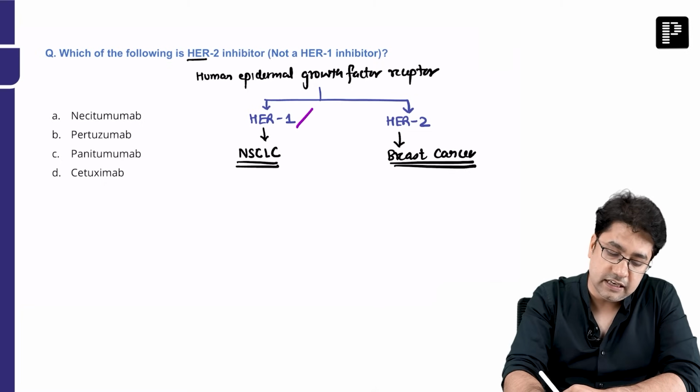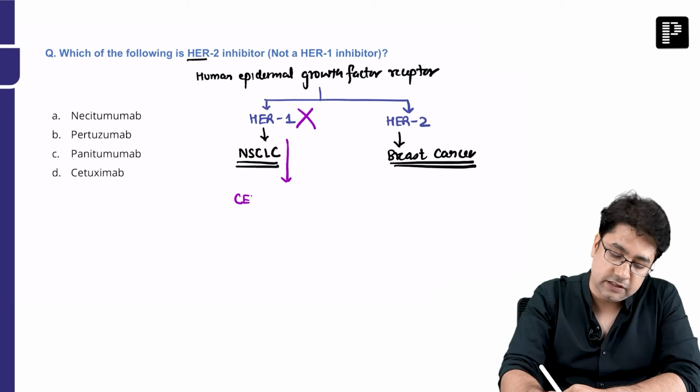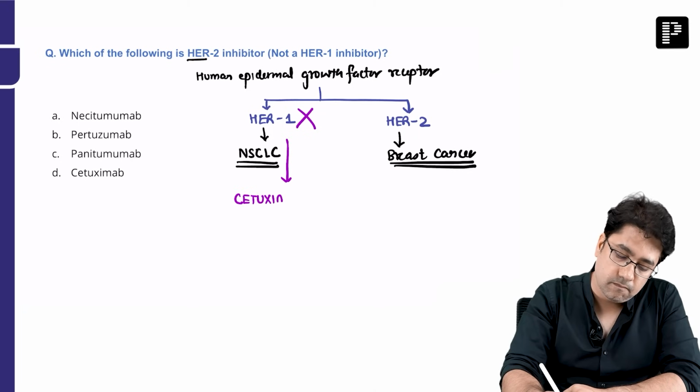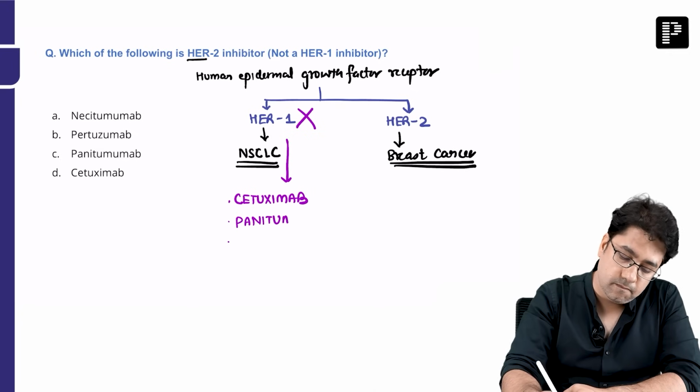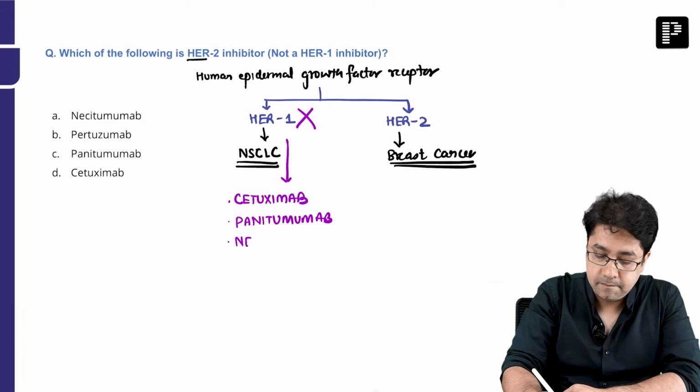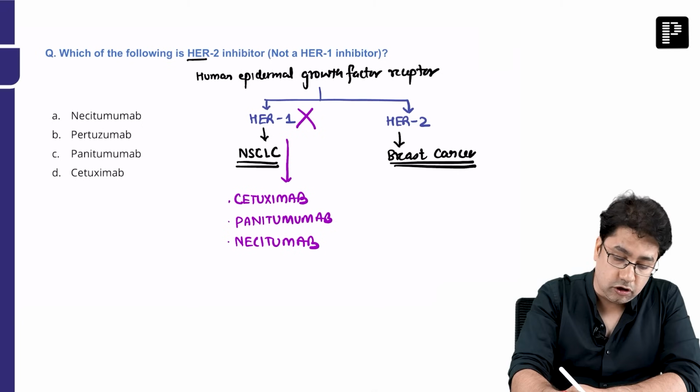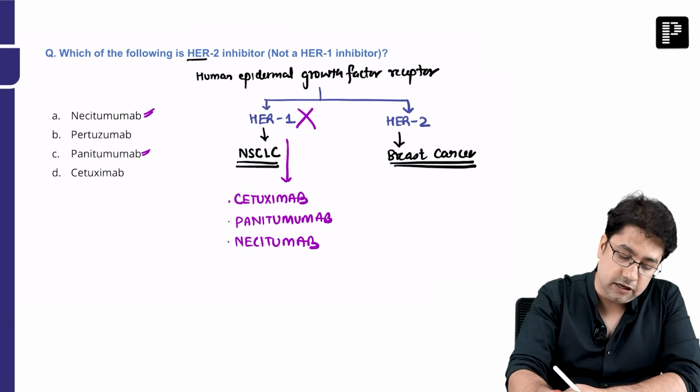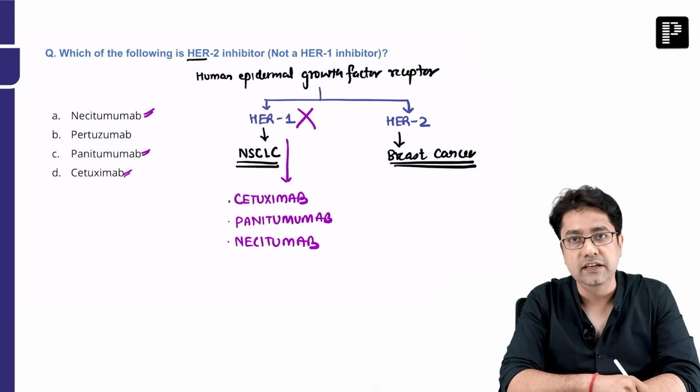That is why we have developed drugs which inhibit this receptor, given for the treatment of cancers. So the drug which is a HER1 inhibitor, a very famous drug, is cetuximab. And two new drugs are panitumumab and necitumumab. So that is option A, option C and option D. They are HER1 inhibitors.